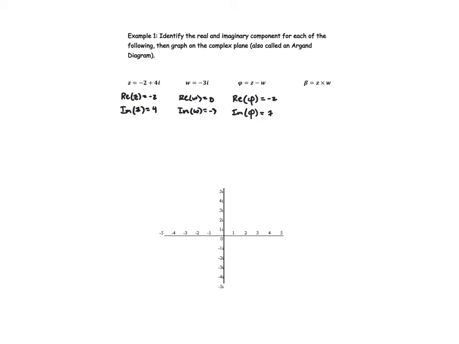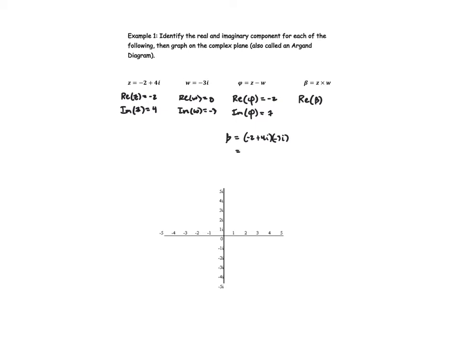Now, beta. If I want the real portion of beta, what I'm going to have to do is multiply z by w. So I'm going to take z, which is -2 plus 4i, and multiply it by w, which is -3i.